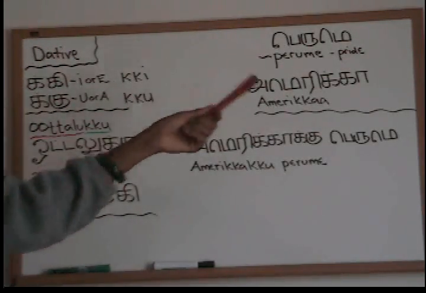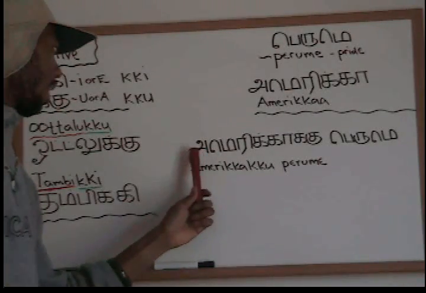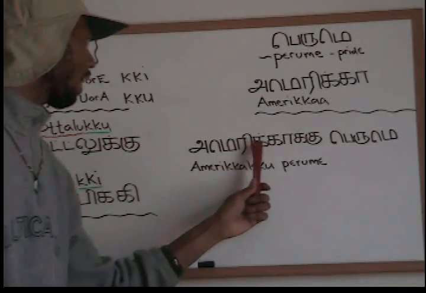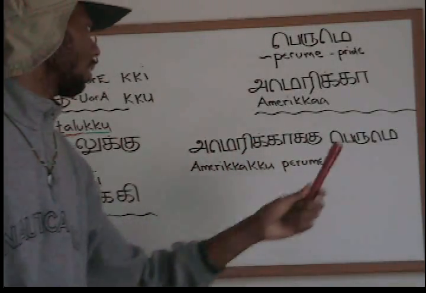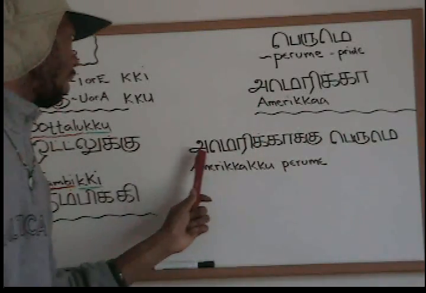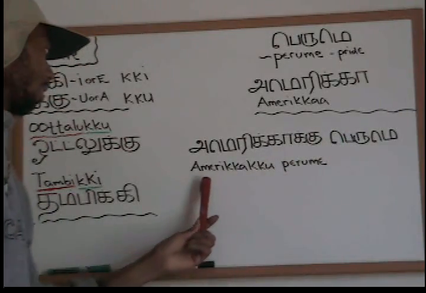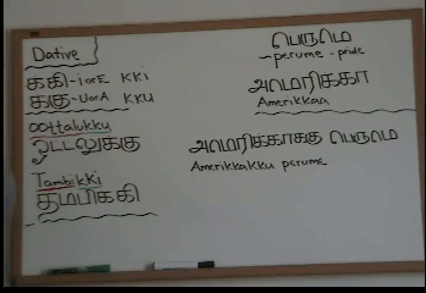So we have America ku perume. And here's the English spelling for those of you who can't read the Tamil letters. That's pretty easy. The dative case here is not that bad. Just remember ki, ku, and that's pretty much it.